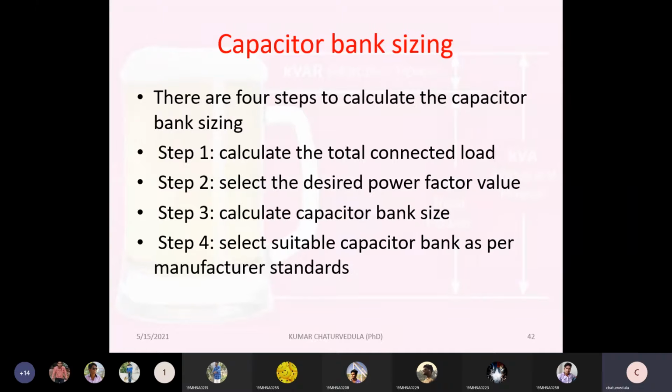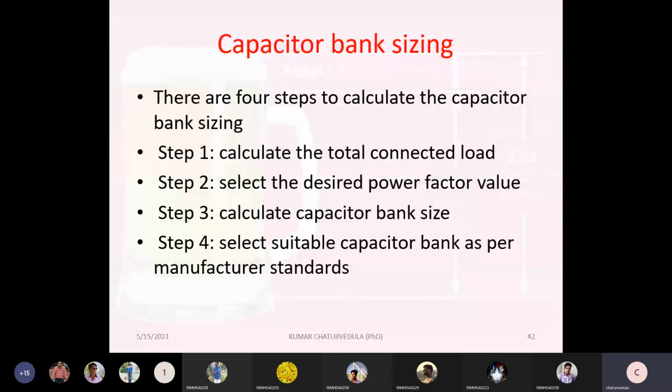Suppose you have calculated a capacitor bank size of around 220 or 230 kVAr, a practical value after our calculation. But the availability of capacitors may be in the range of 200 kVAr or 250 kVAr. The manufacturers manufacture capacitors in those ratings, so 275 may be an option, 300, 320, like that. In-between values may not be possible.